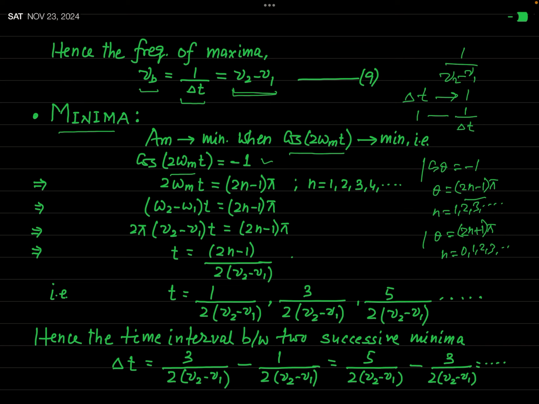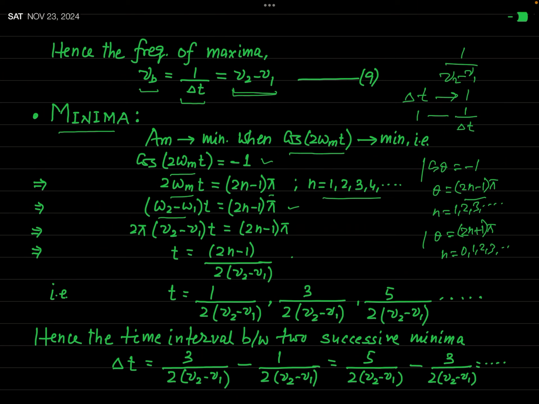Okay. So in this condition, you can see 2 omega m t is equal to (2n minus 1) into pi, where n has been defined like this. Again, you can see that 2 omega m is equal to omega 2 minus omega 1. So this is your result.